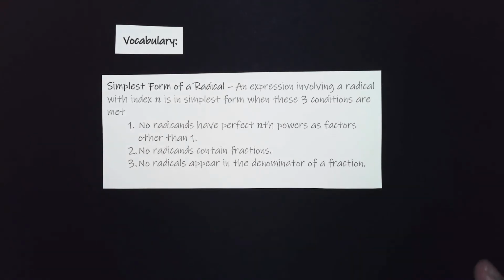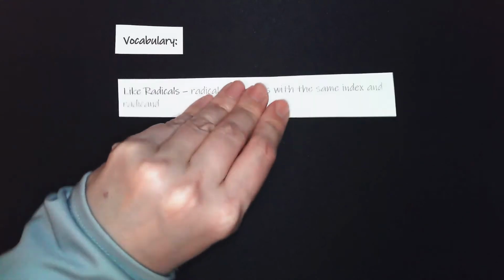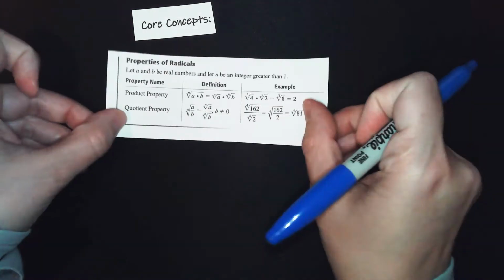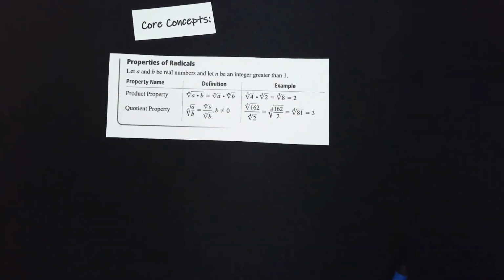All right, so the next vocabulary term is like radicals. These are radical expressions with the same index and radicand. So, core concepts here. We are going to have properties of radicals.